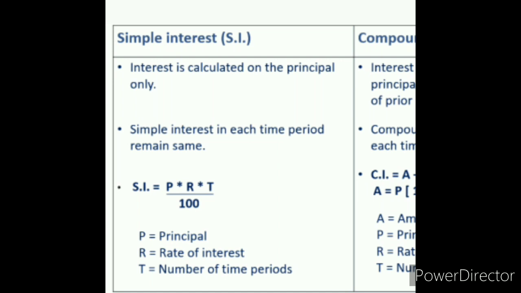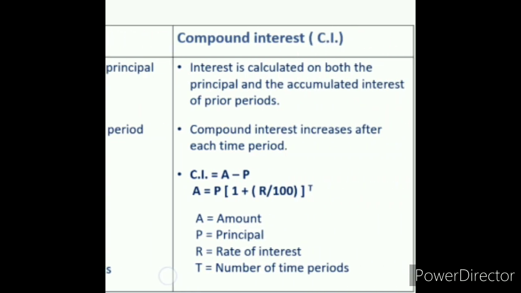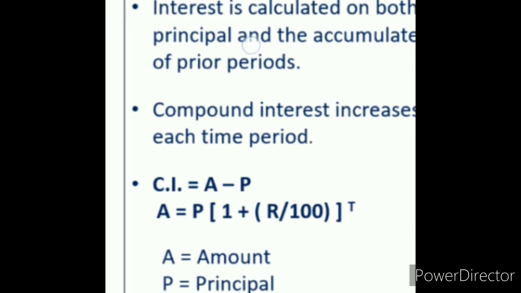Third difference is the formula. Simple interest is principal into rate of interest into time by 100. But compound interest formula is A minus P. A is amount, P is principal.